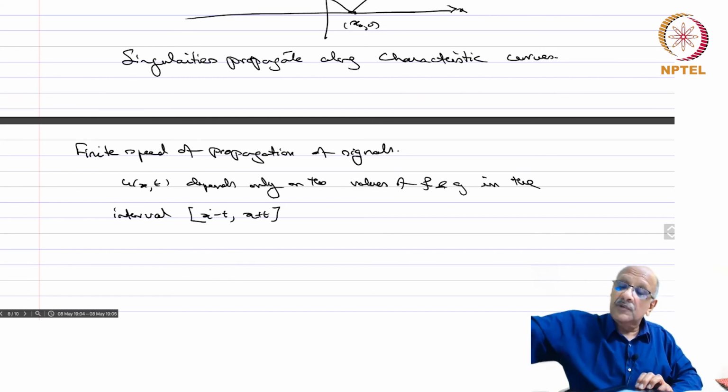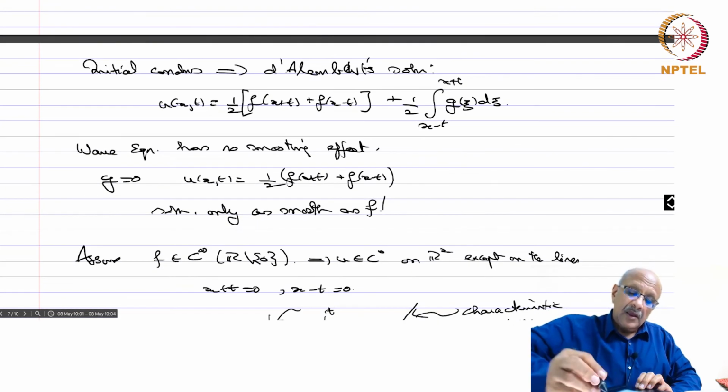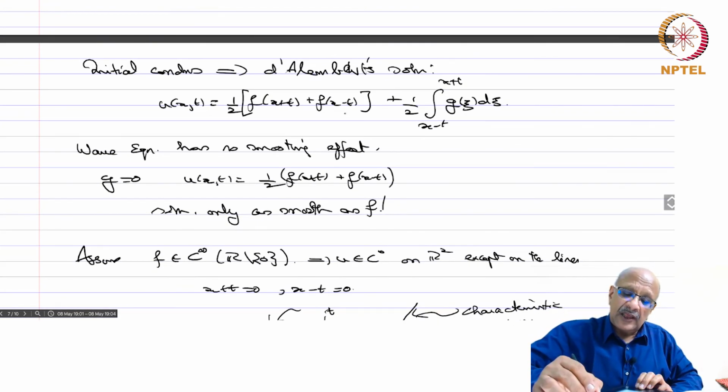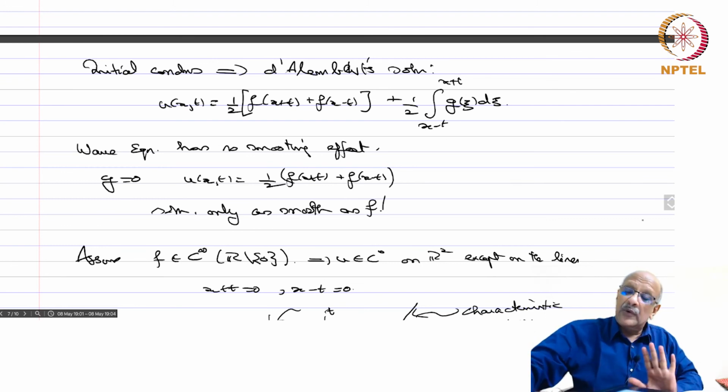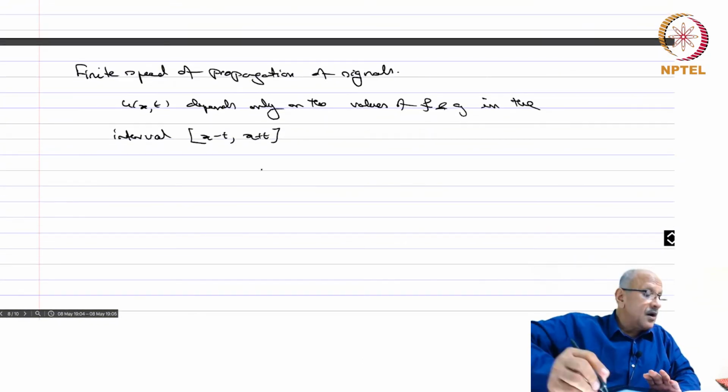If you look at the formula, you can see that immediately. It depends on the values of f at x + t and x − t, and g on the interval x − t to x + t. Nothing else matters. So this is called the domain of dependence.